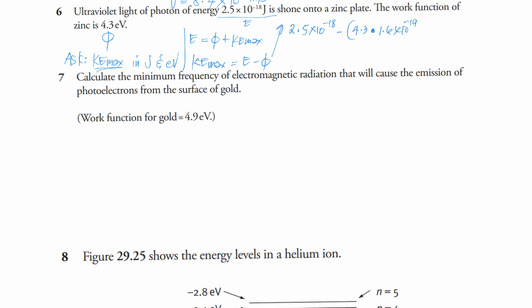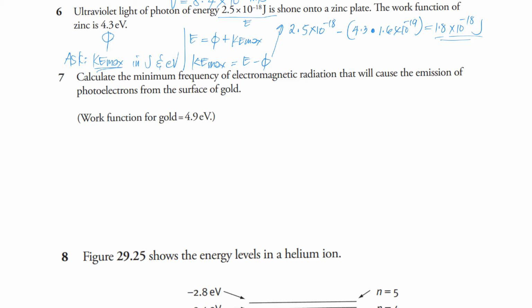So it will give us 1.8 times 10 raised to negative 18 joule. That is your K max.